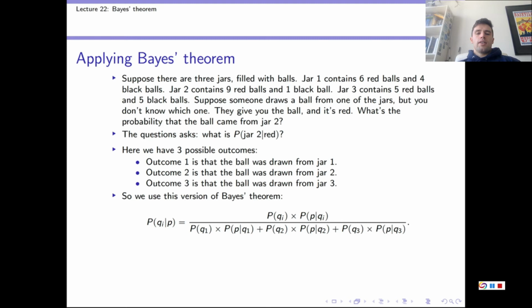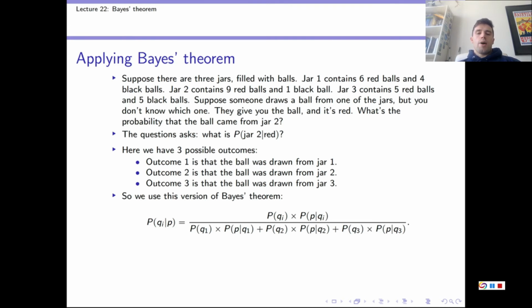P of Qi given P is P of Qi times P of P given Qi divided by P of Q1 times P of P given Q1 plus P of Q2 times P of P given Q2 plus P of Q3 times P of P given Q3. So now we've got the setup and we can start to label things in a sensible way.